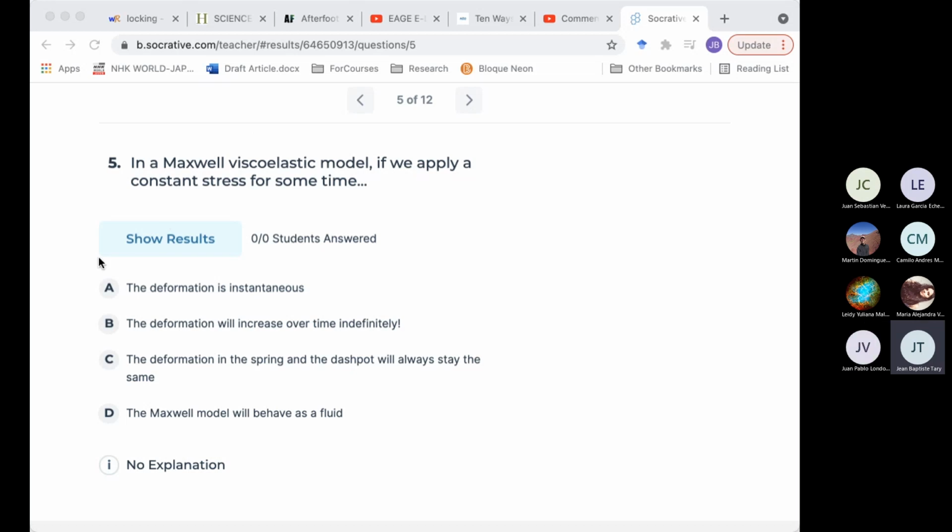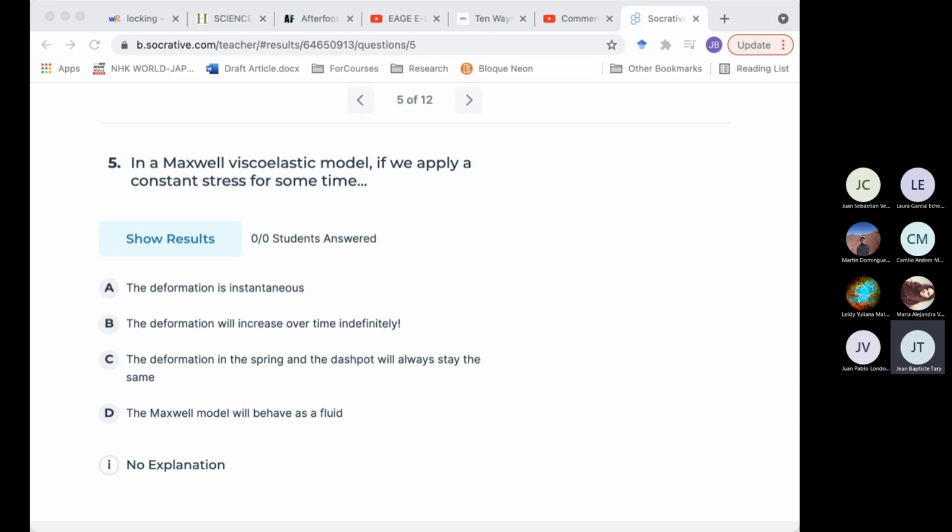For the B, you will have one of those characteristics of the plastic and viscous behaviors as well. As long as you apply some stress, you're going to obtain some deformation. There is no real limit a priori to the amount of deformation that you can obtain as a result.